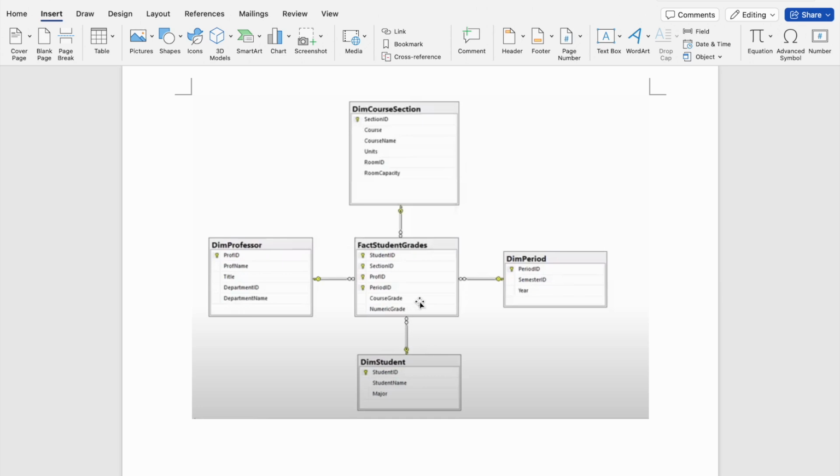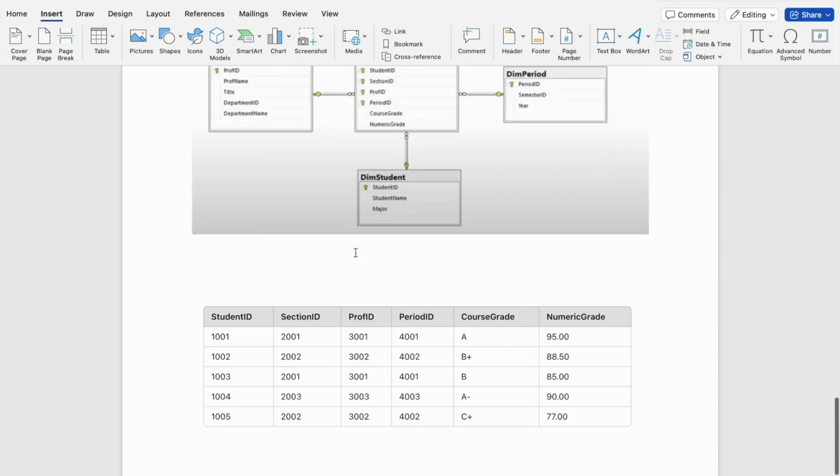Each record starts with the student ID, the specific person, who has taken a specific section with one professor in a specific period, maybe 2024 fall or 2023 spring, and what course grade and numeric grade he got.